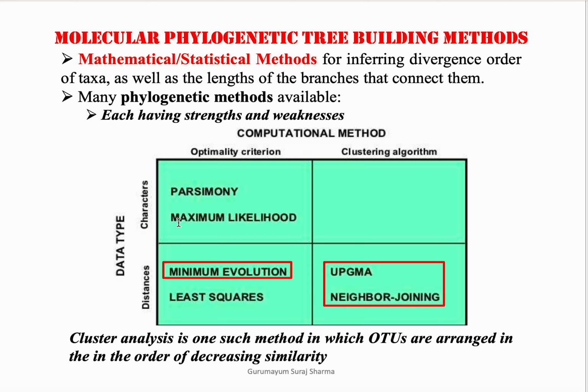So those exist, but ultimately those are only as good as the methods used to reconstruct them, and the only way we can really test whether those methods are working is with molecular data, which means DNA, protein, RNA, stuff like that. So that's what we're going to stick to.